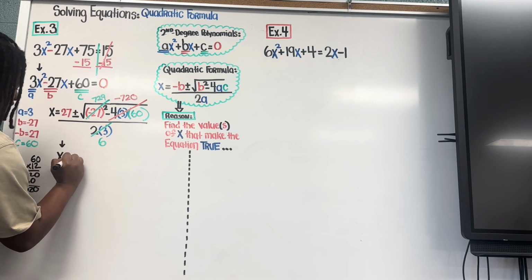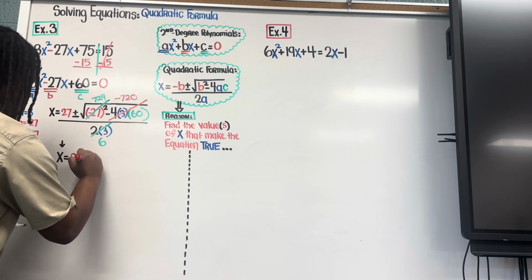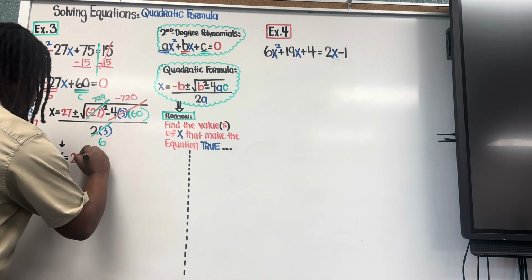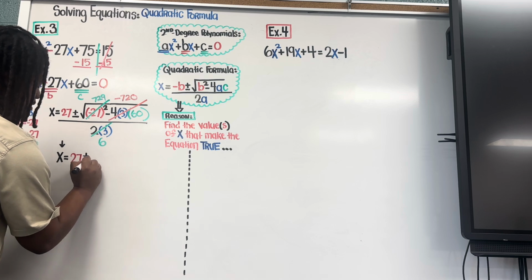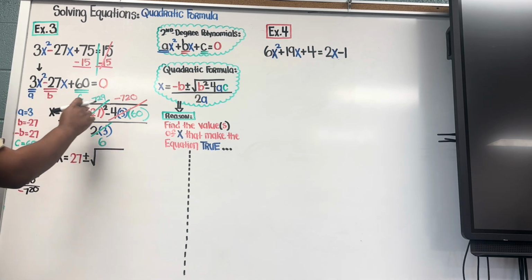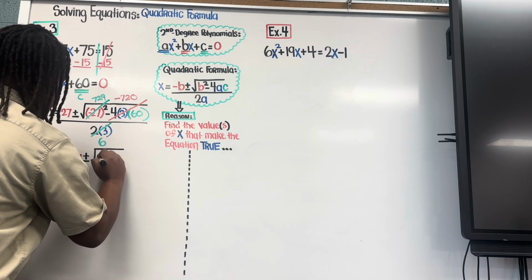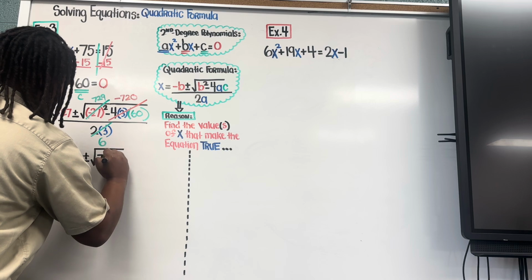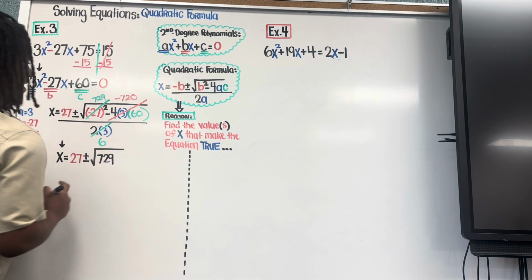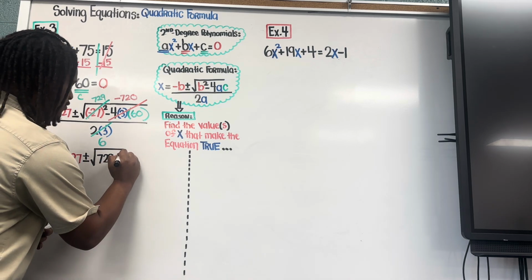So once again, I still have x equals 27, all right, plus or minus the square root of, now inside, guys, we have 729, minus 720.